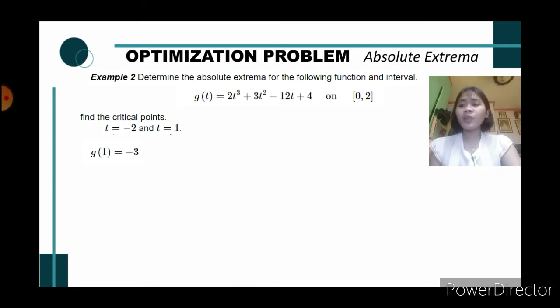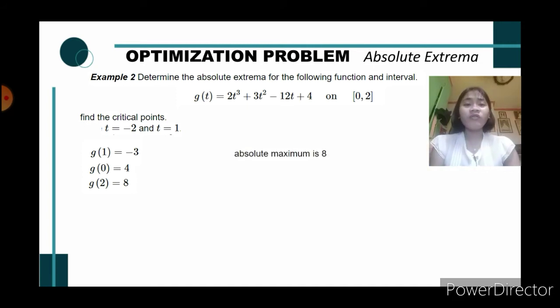So, the value of the function g at x is equal to 1 is equal to negative 3. And the value of the function g at x equal to 0 is equal to 4. And the value of the function g at x equal to 2 is equal to 8.